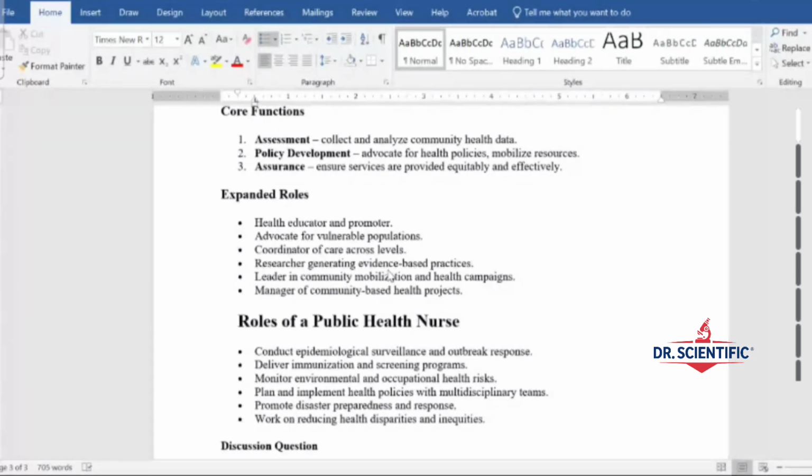And once you have recommended, it can be turned around to become a policy.